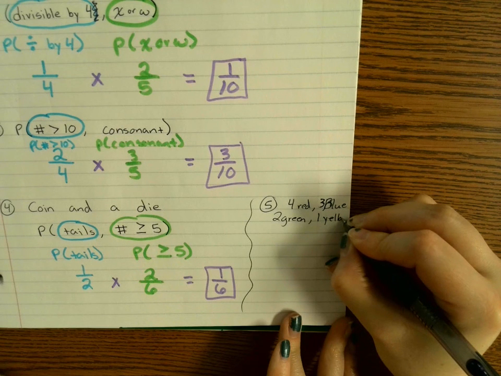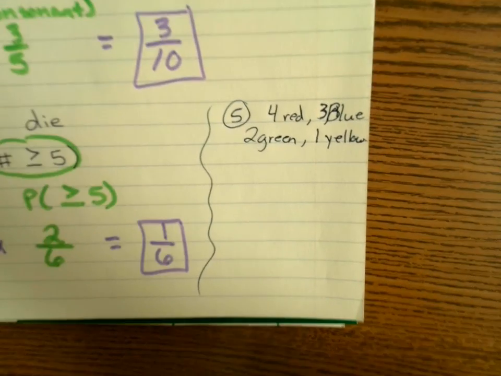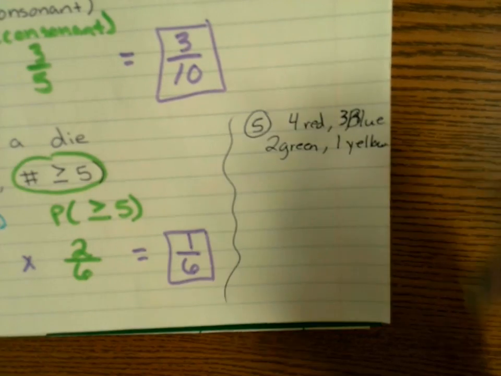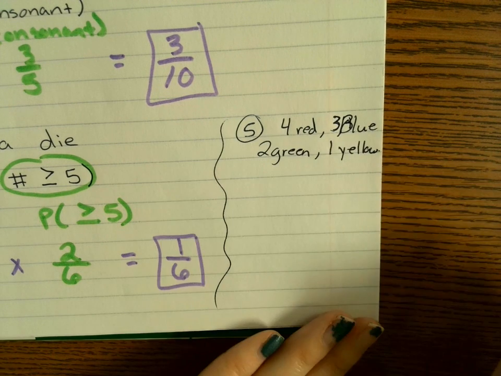Okay, 4 red, 3 blue, 2 green, 1 yellow for marbles. Sorry, that's kind of messed up writing right there, but that says 3 blue. So that's marbles.